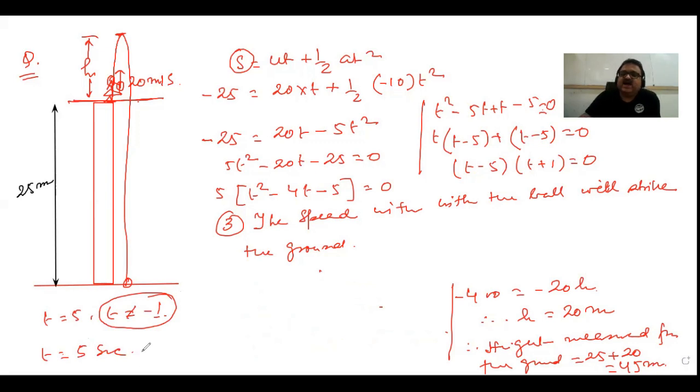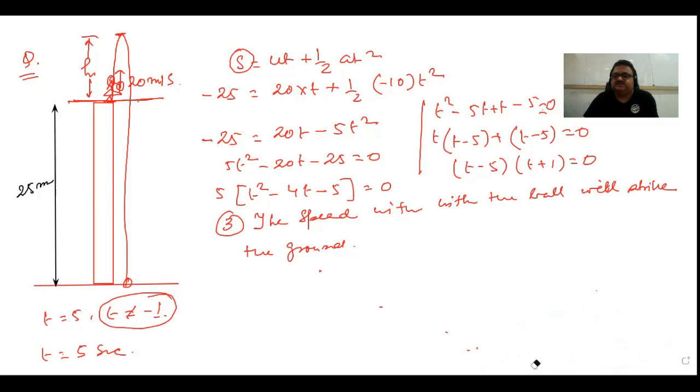Okay. Now the next part of the question is, with what speed will it hit the ground? Correct. Now watch it here. That means in this case, we need to find out the speed, that means magnitude. So suppose it will hit the ground with a speed, say for example, Vf.